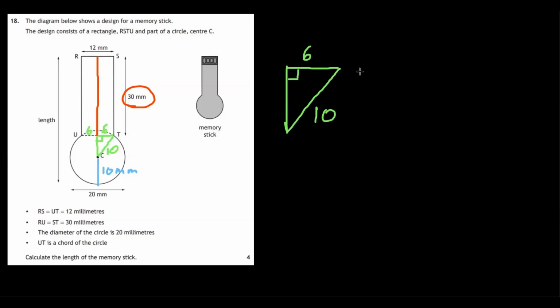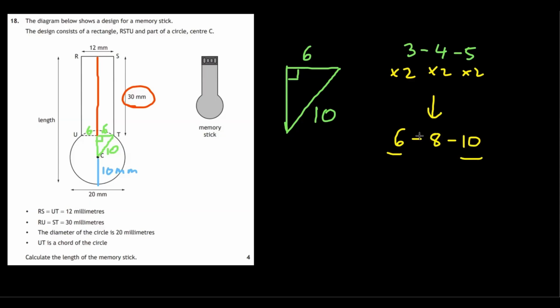And if you know your Pythagorean triples, you can see that this is just the 3, 4, 5 triple multiplied by 2. So if we scale that by a factor of 2, that would give 6, 8, 10. And we recognize the 6 and the 10. So that would just be 8.